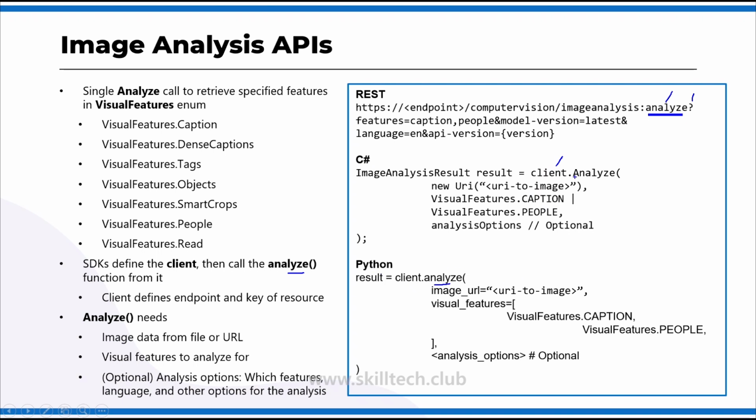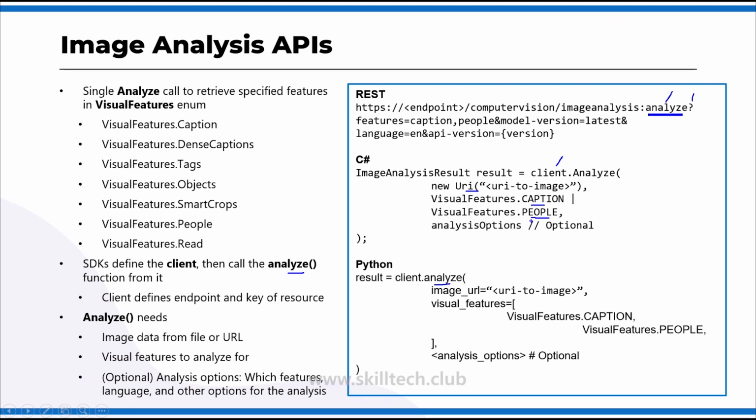When you create this client object and call the analyze method, it takes multiple parameters. These parameters are image data from a file or a URL. You specify the visual features which you're looking for, like caption or people. And optionally, you can also provide certain analysis options.